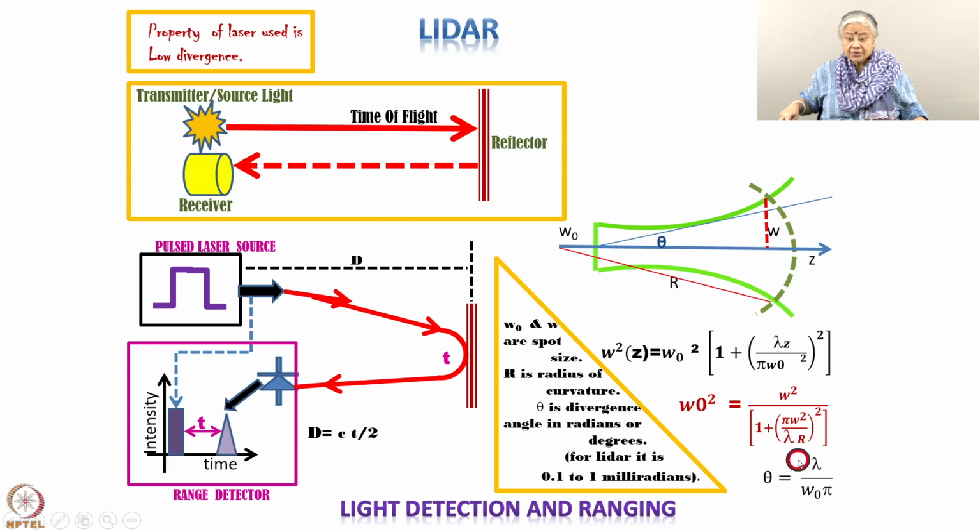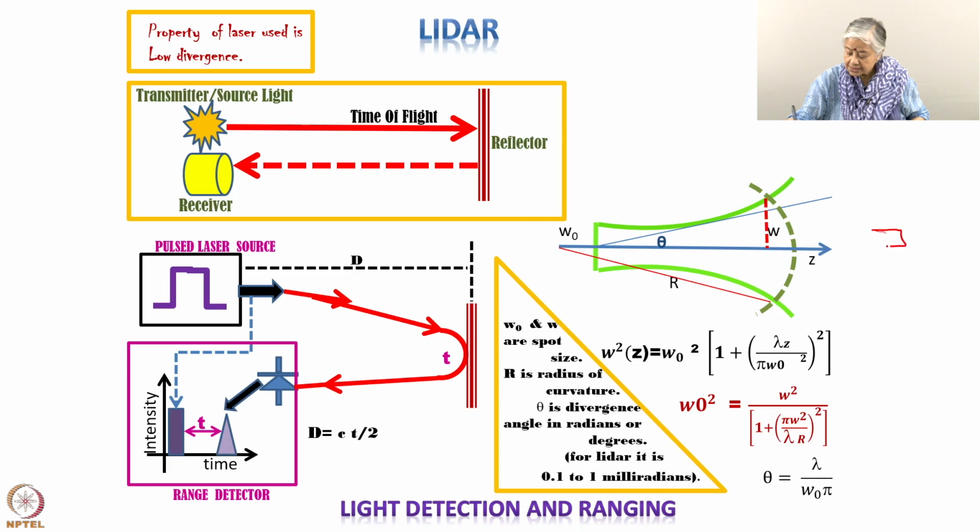So, theta is given by lambda over pi W0. That means the theta, the angle of divergence, depends upon the wavelength that is being used. It depends upon the smallest spot size. So, the smallest spot size is at the laser itself, just at the output of the laser. Suppose we take it, in this case that is the case.